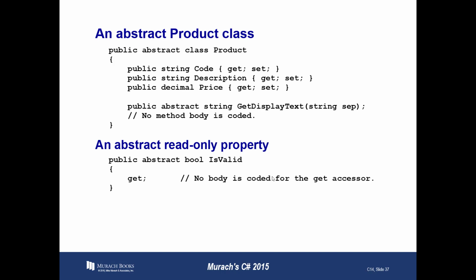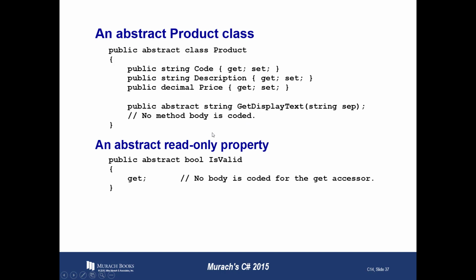All right. You'll notice that in an abstract class, we also have an abstract method. An abstract method looks a little weird because it has no body. It just has the access modifier, which is public, the word abstract, what it returns, which is string, GetDisplayText, which is the name, and string sep, which is the parameter that's passed into it.